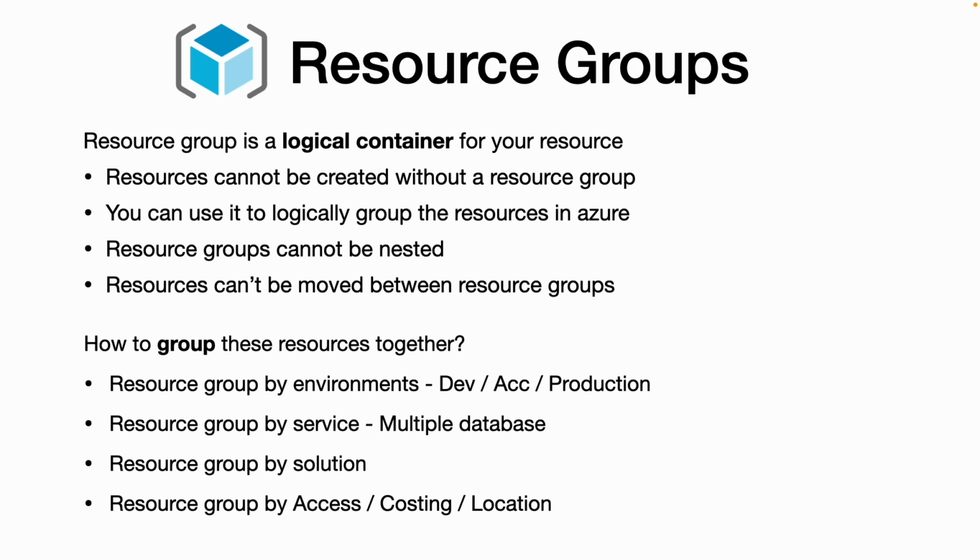Similarly, you can also have a resource group based on a solution. By solution, I mean you have a use case and a desired output expected out of that use case. Resource groups can also be created based on access and costing, and in a lot of cases that I've seen, resource groups are also created based on location.